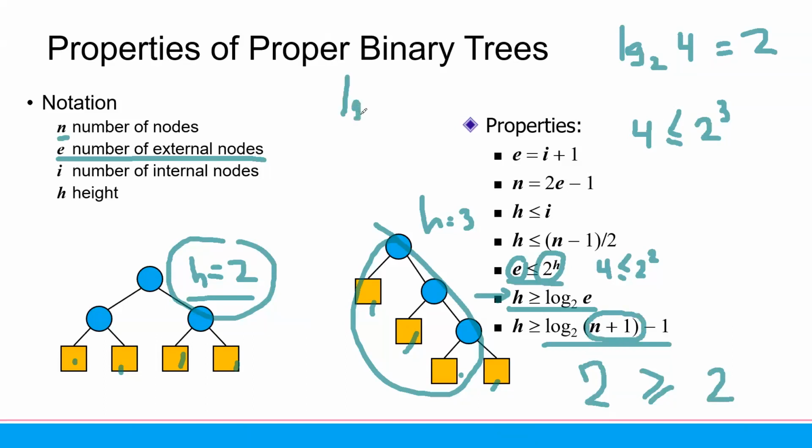Log base 2 of 8 is 3. 3 minus 1, it is 2. Then h, the height, is greater than or equal to 2. So those are the properties.